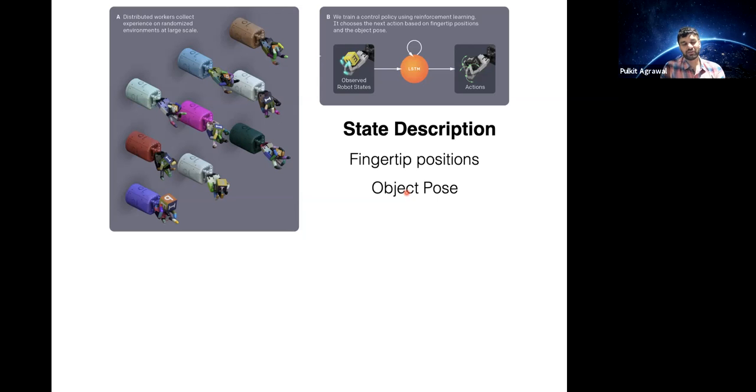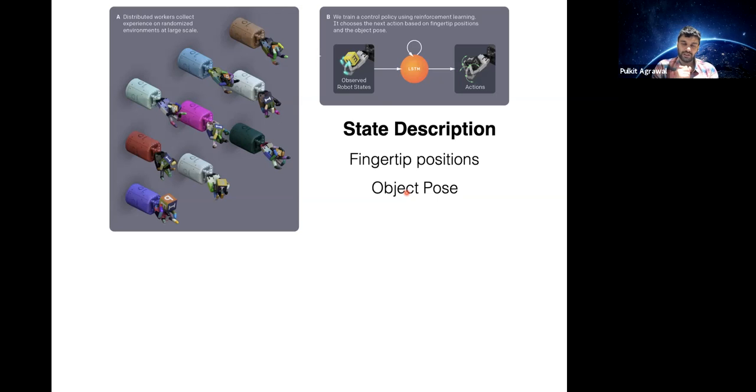So maybe let me put it another way, right? The way to train these policies is, I get the pose of the object, I get the fingertip positions, and I use PPO to output actions, and we maximize the reward function, right? So in some ways, we know what an LSTM is from the last lecture. We know you have already implemented PPO as part of the assignment.